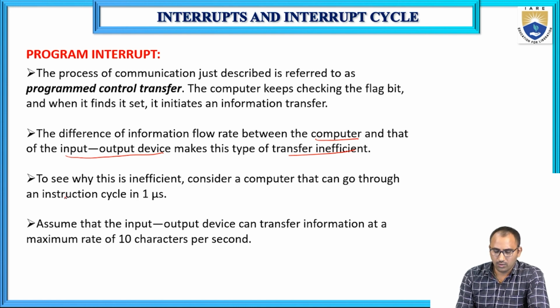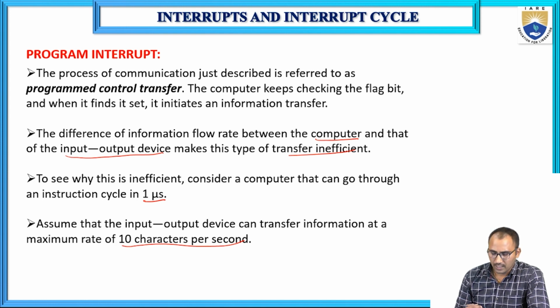To see why this is inefficient, consider a computer that can go through an instruction cycle of 1 microsecond. So the instruction cycle time is 1 microsecond. Assume that the input and output device can transfer information at a maximum rate of 10 characters per second. So here we are assuming an IO device that can transfer 10 characters per second.